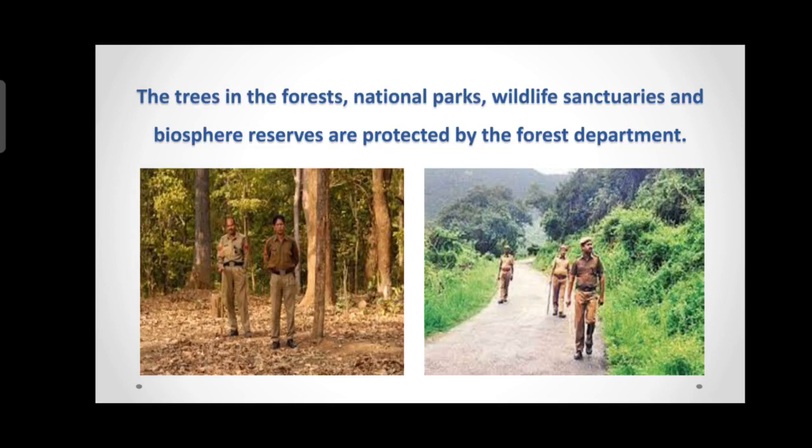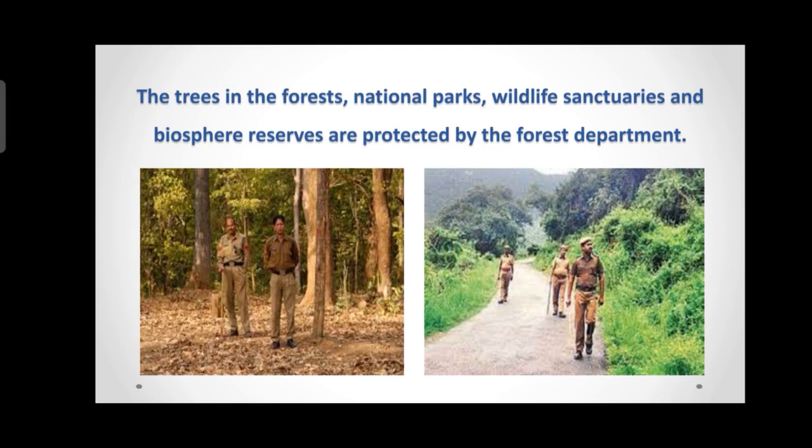Wildlife sanctuaries are areas where animal habitats and their surroundings are protected from any kind of activities like capturing, killing and poaching of animals. In the national parks and biosphere reserves, a number of trees are also grown and conserved.